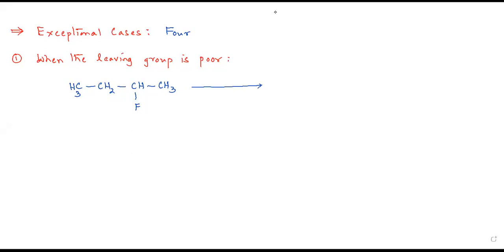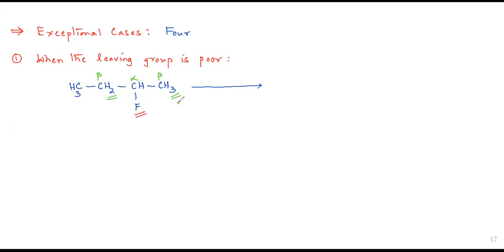Now, if you want to remove fluorine, which is already a poor leaving group, you have two possibilities here. This is, of course, alpha, beta. This also is beta. You can remove either this hydrogen or this hydrogen.